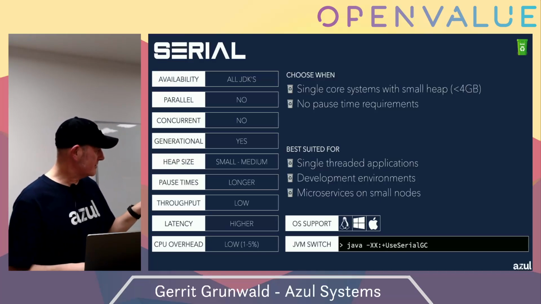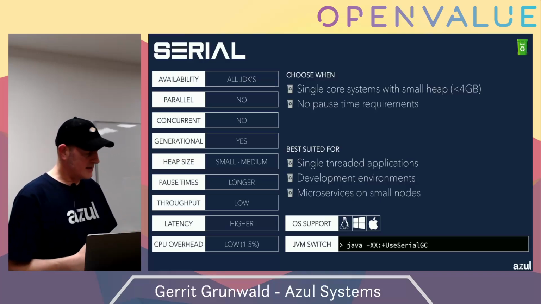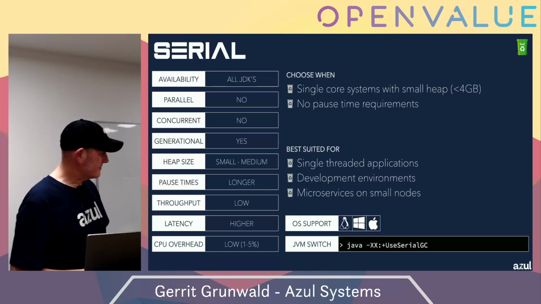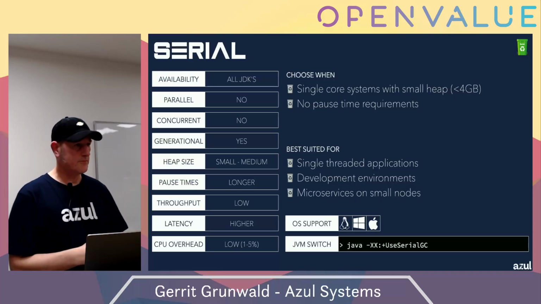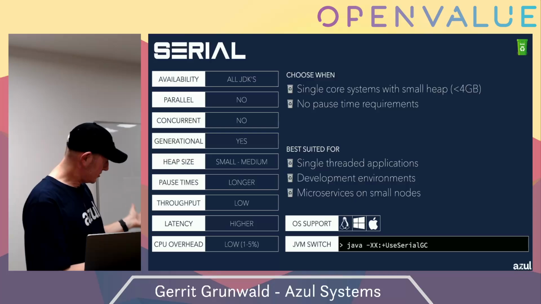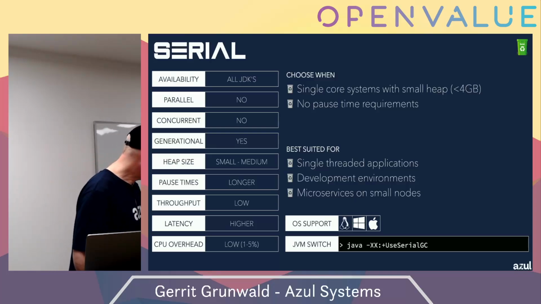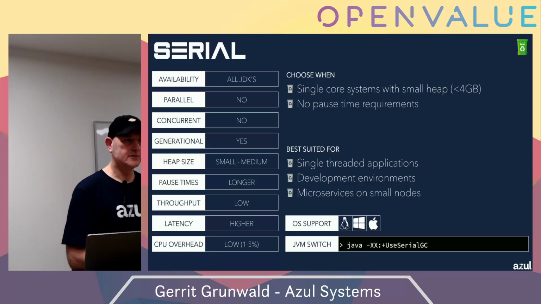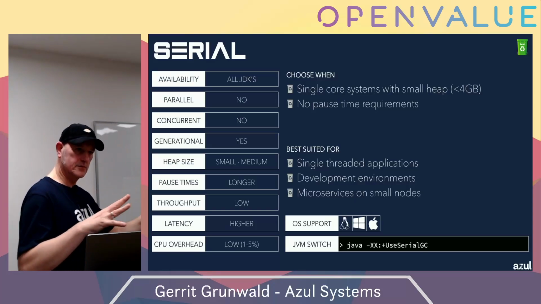The serial collector is a little bit special because, especially these days, it was, like I said, the first one in the JVM. It was made for small machines, and if you read something like heap size small medium, pause times longer, there's a reason why I keep it this fluffy.